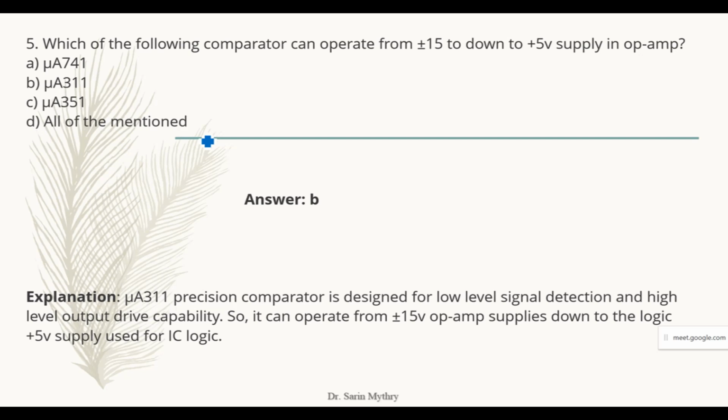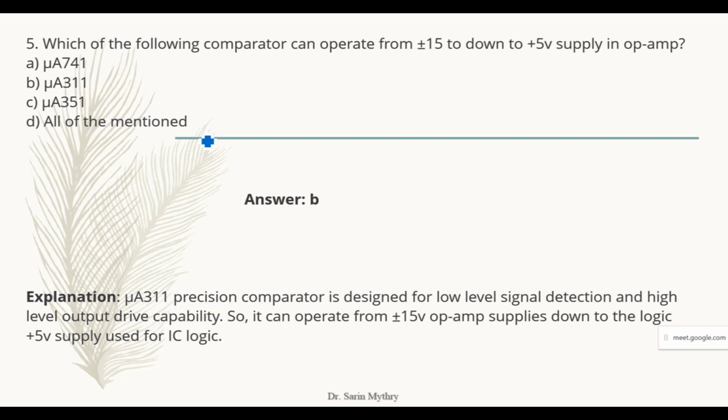Output driving capability means what? If you have one circuit, that circuit's output has to easily signal out some output data, and that output data should become an input to the next level circuits. That is called a driving capability. In digital logic, we have studied fan in and fan out.